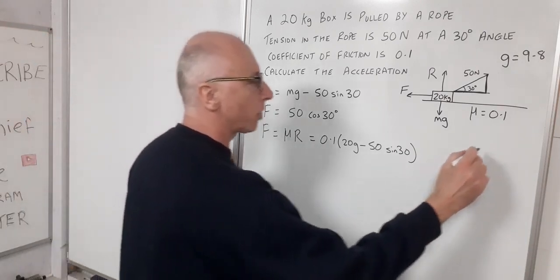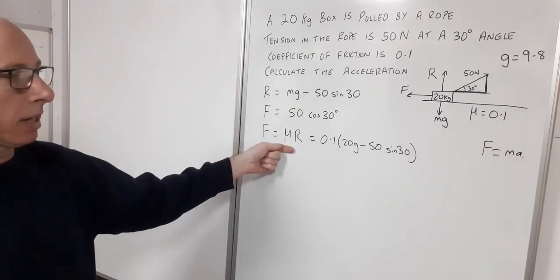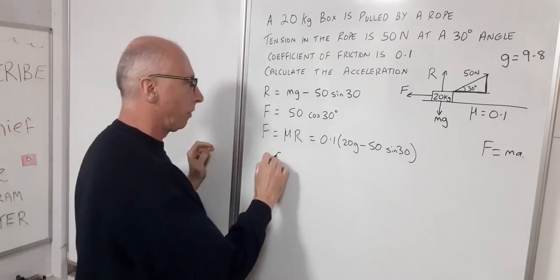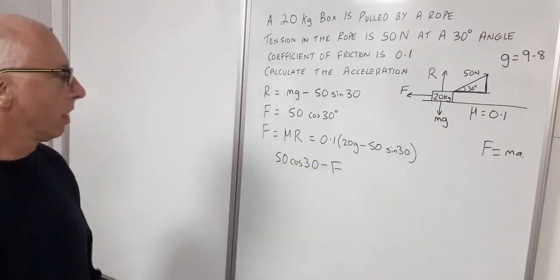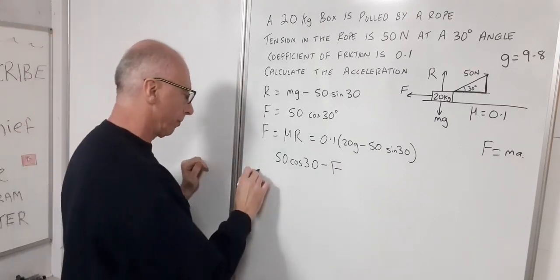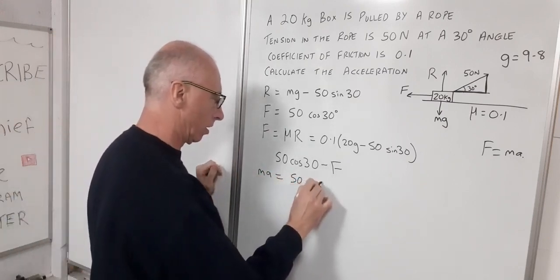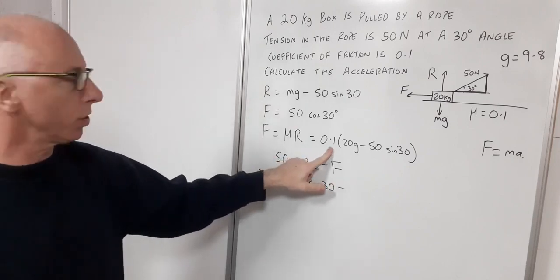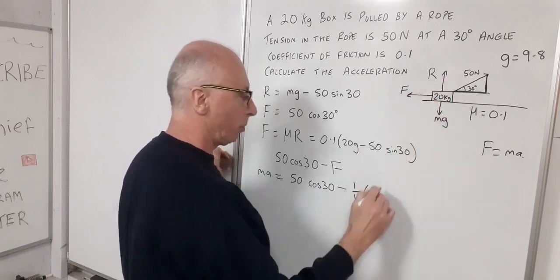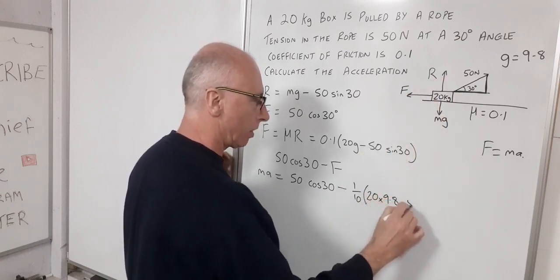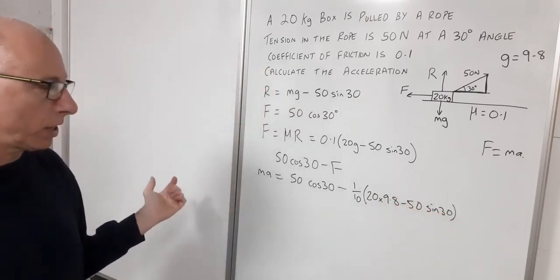So using force equals mass times acceleration, the resultant force will be 50 cosine of 30 minus F. So therefore mass times acceleration will equal 50 cosine 30 minus our friction force, which I'm going to write as 1/10 times, with 20g being 9.8, so I can write that in, minus 50 sine 30. Okay, let's do some calculations on that.